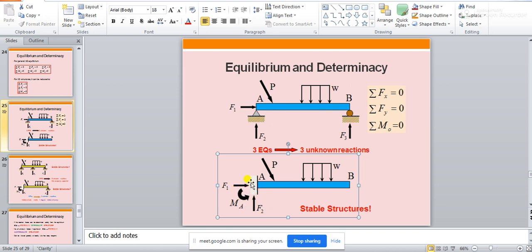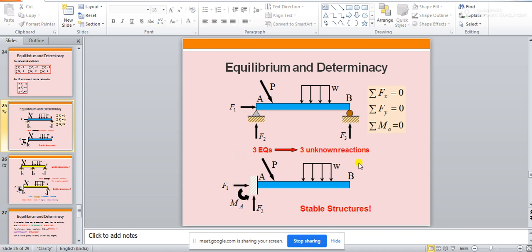So once the three directional movements are restricted, you are going to get three reaction components: two force reaction components, F1 and F2, in the horizontal and vertical direction, and a moment, MA, that is the moment about this point.